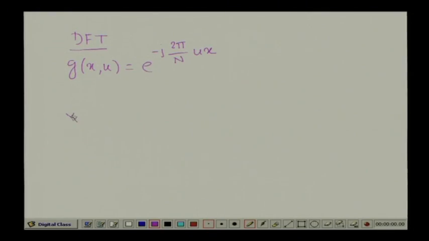So, let us assume a population of vectors x, given by x1, x2, x3, up to xn. These vectors x are vectors of dimension n. Given such a set or population of vectors x, we can find the mean vector μx, which is the expectation value of the vector population x.